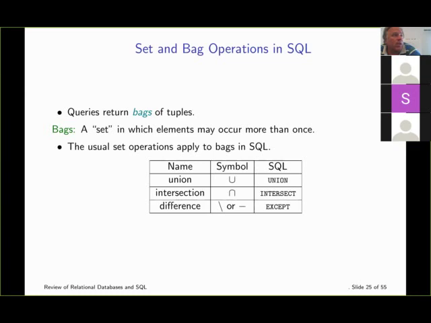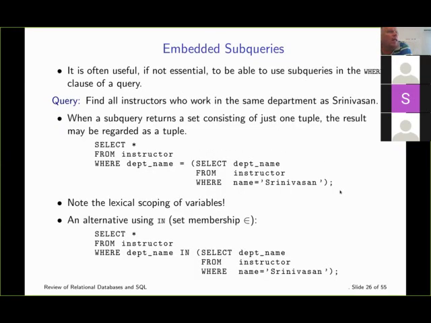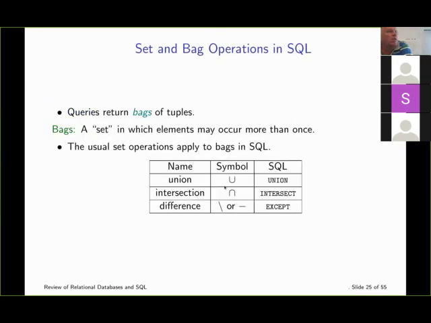The set operations also apply to bags, but they have a little bit different semantics. So we have union, intersection, and difference. What happens with unions is that when you union two bags together, you'll get more duplicates, right?